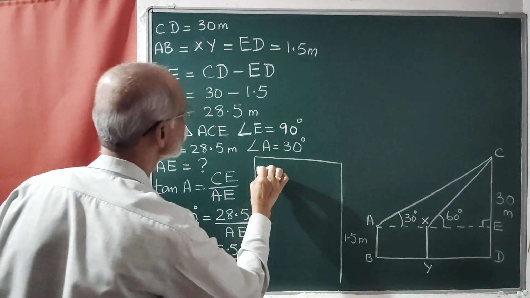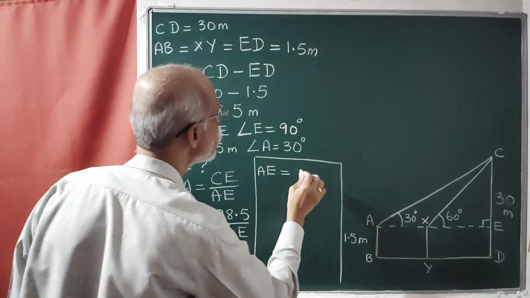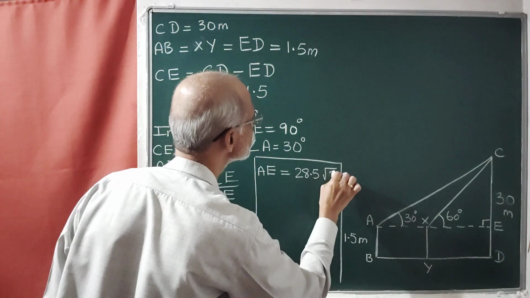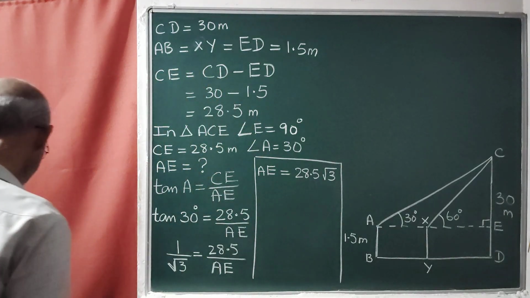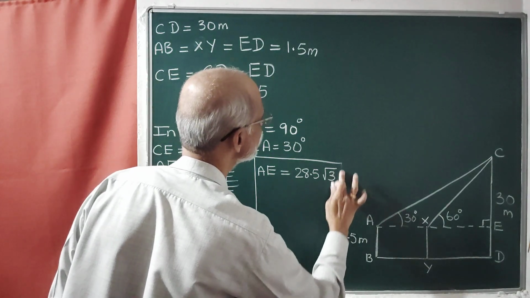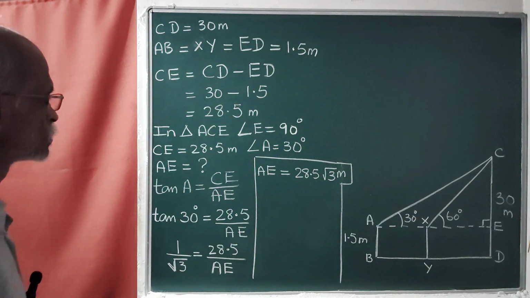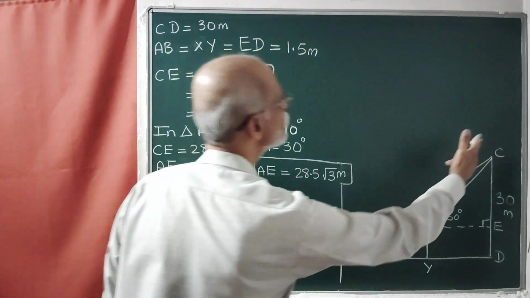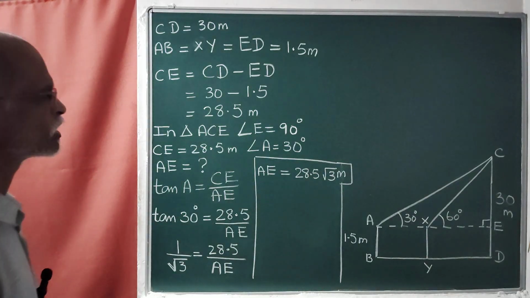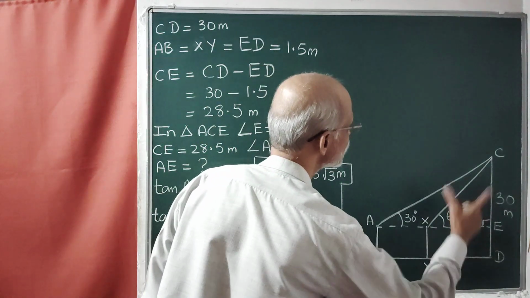So AE will be equal to 28.5 root 3. So AE is equal to 28.53 meters. From the big triangle, we have found the value of AE. Now we'll go to the small triangle and find the value of XE.